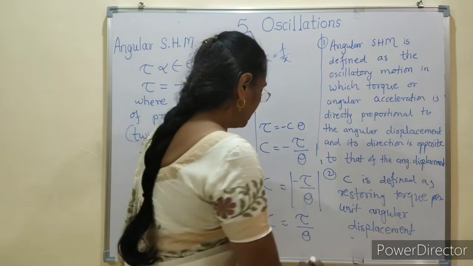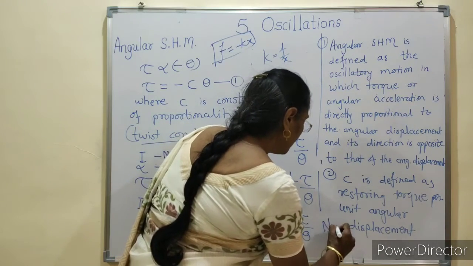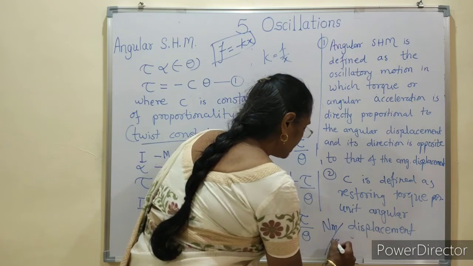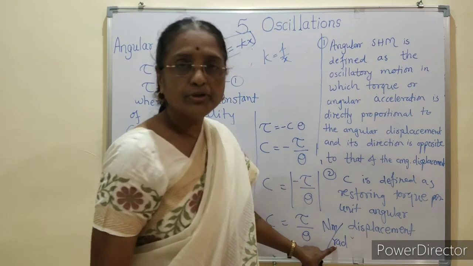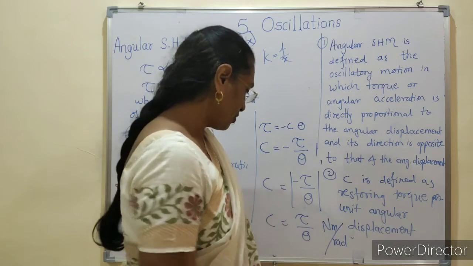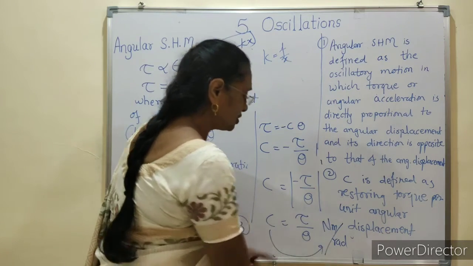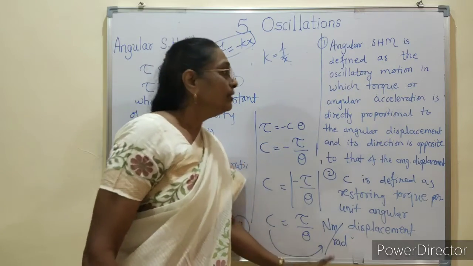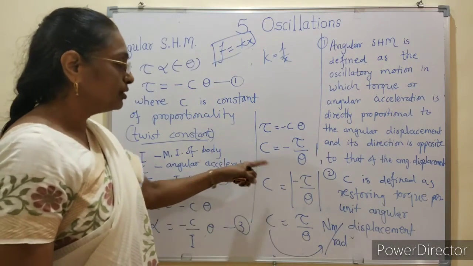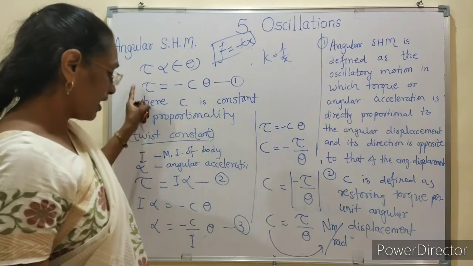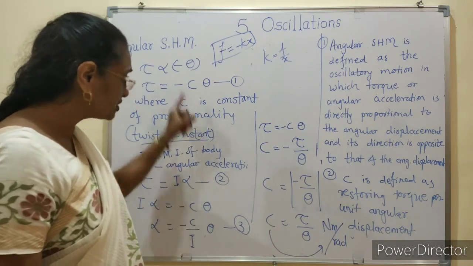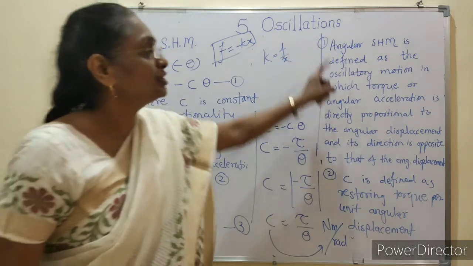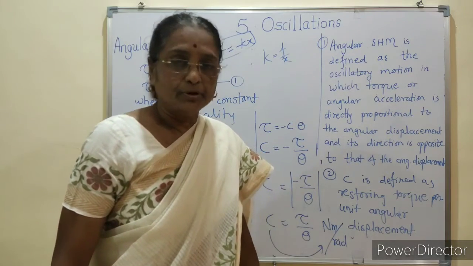Restoring torque has unit Newton meter and theta in SI unit is expressed in radian. So for the twist constant, the SI unit is Newton meter per radian. So this is about the new quantity and some expressions which are related to angular S.H.M, definition of angular S.H.M.